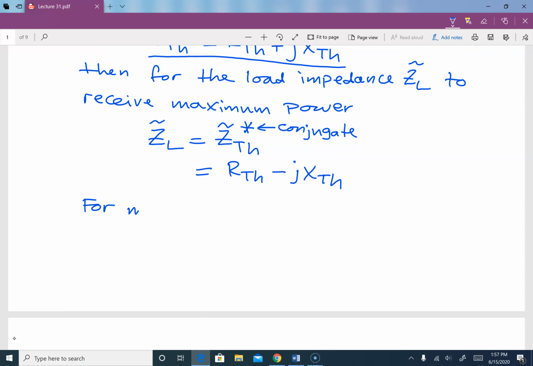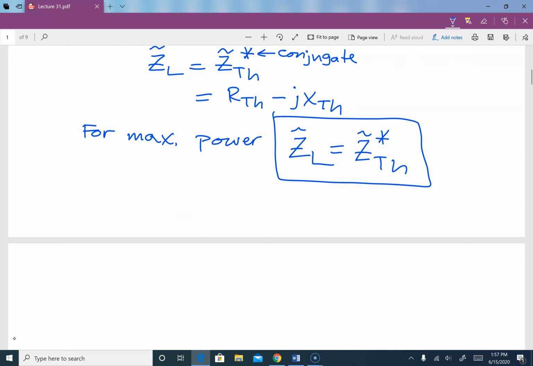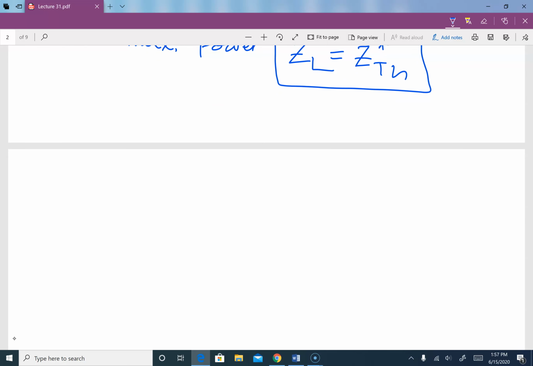So for maximum power, ZL should equal Z Thevenin conjugate. This is the condition. Why is that?